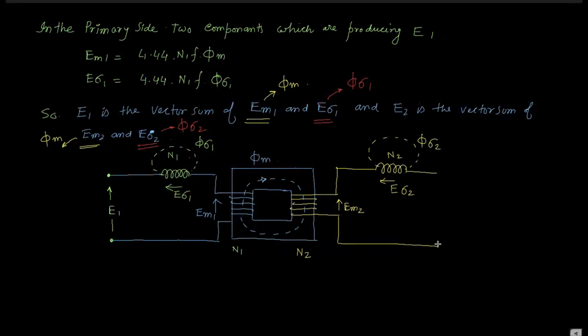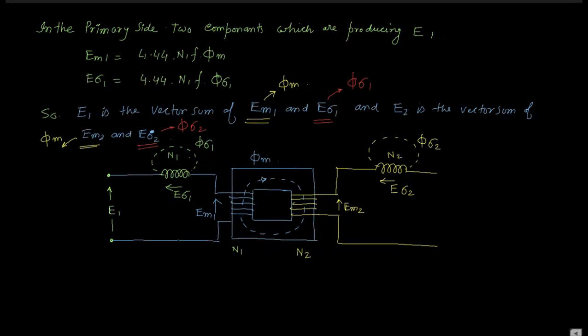Now another non-ideality we have to consider, that is the winding, the primary side winding and the secondary side winding, both have some finite resistances.